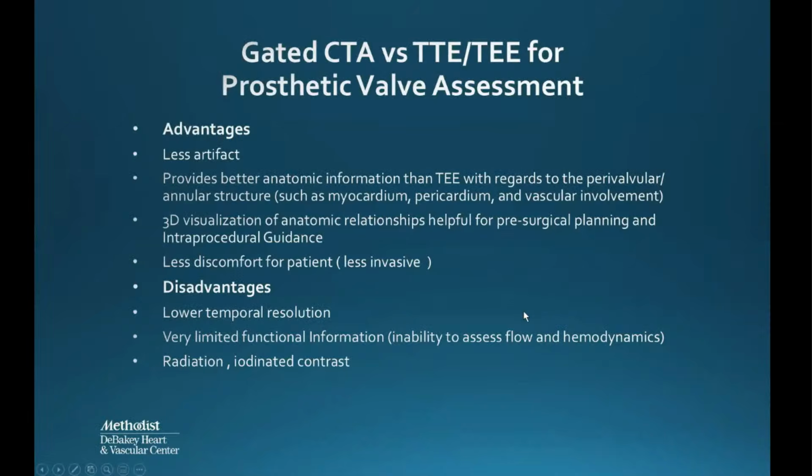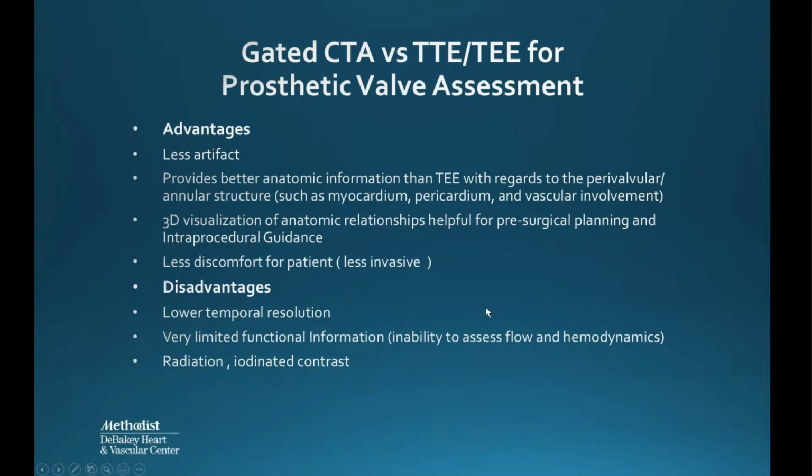Okay, I'm not going to spend too much time. The main advantage of CTA compared to TEE, for instance, is less artifacts, especially for aortic valve position, and it also provides better understanding of the anatomical relationship with other parts of the cardiovascular structure. But the key disadvantage, this is very important, is very limited functional information, if any.